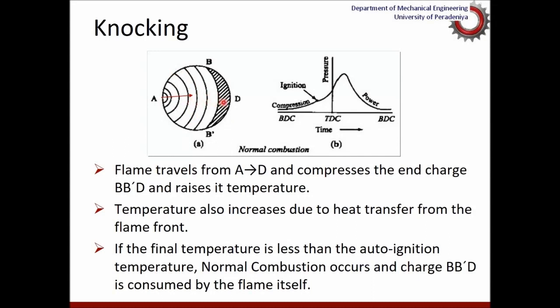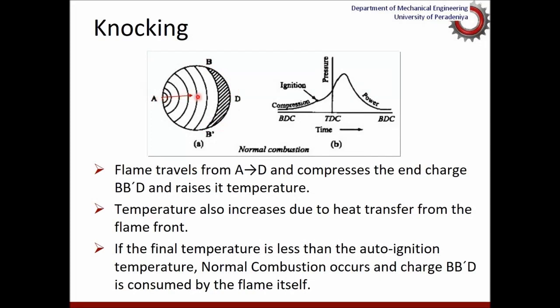The pressure and the temperature of this volume is increased. As a result of that, it will compress the unburned gases to a small volume, as we discussed in the previous lecture, like this. And the flame travels towards the end gases, that is gases far away from the ignition point.